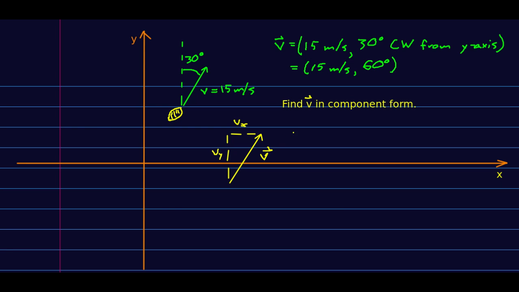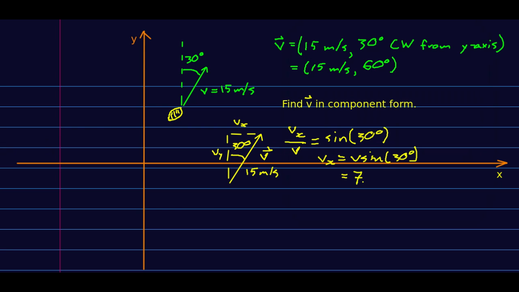And we want to know Vx and Vy. And we know that this is 30 degrees, and we know that this is 15 meters per second. So we can just do usual trigonometry. Vx over V, that is the opposite over the hypotenuse, and so that's sine of the angle we're talking about, so 30 degrees. And so Vx is V sine 30 degrees.